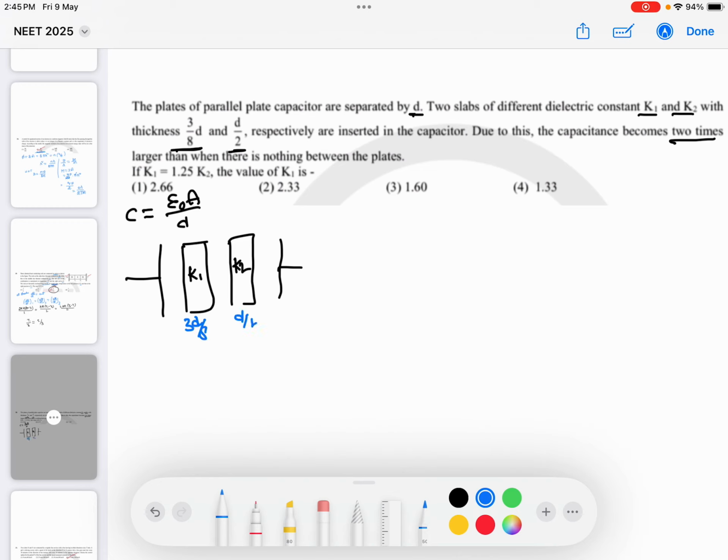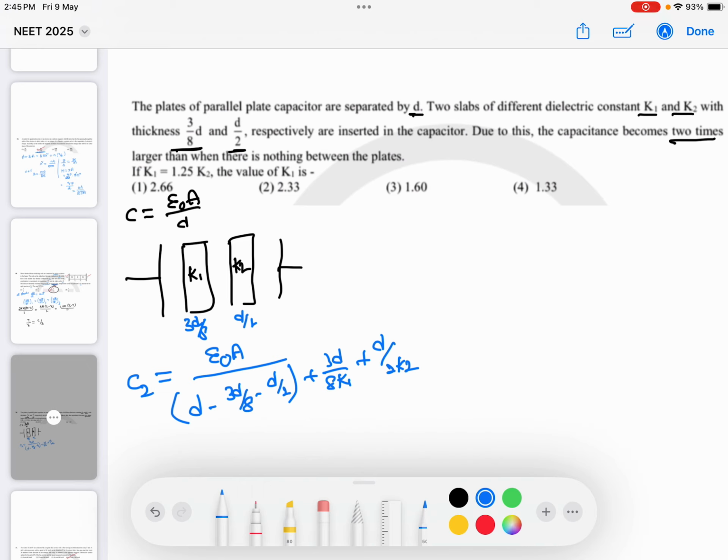The remaining gap is air. Then the capacitance of this situation can be written as epsilon naught A divided by d minus 3d by 8 minus d by 2 plus 3d by 8 times K1 plus d by 2 times K2.